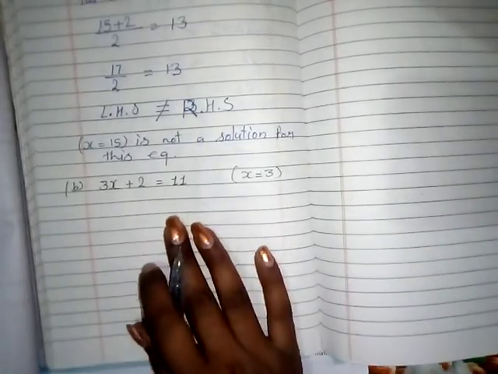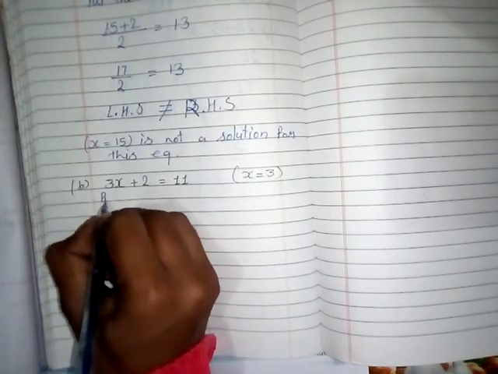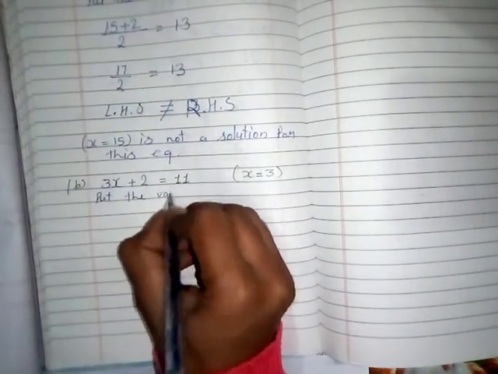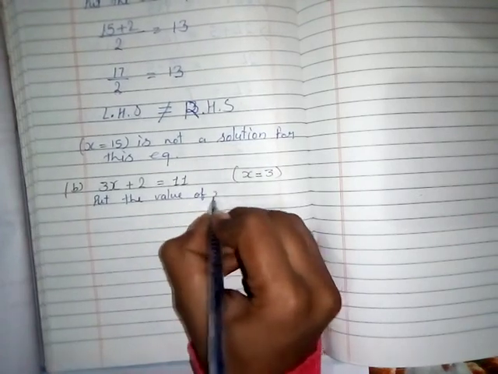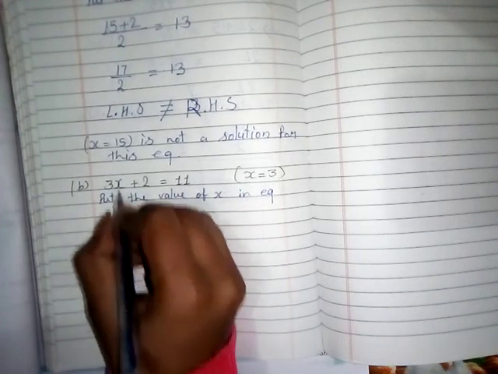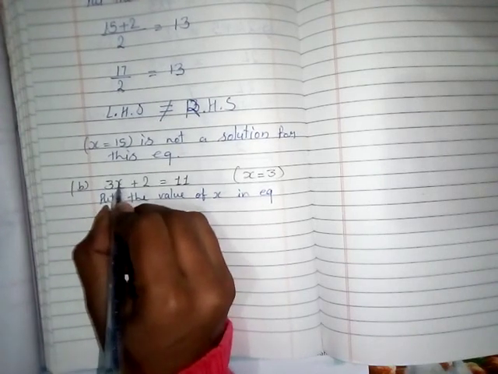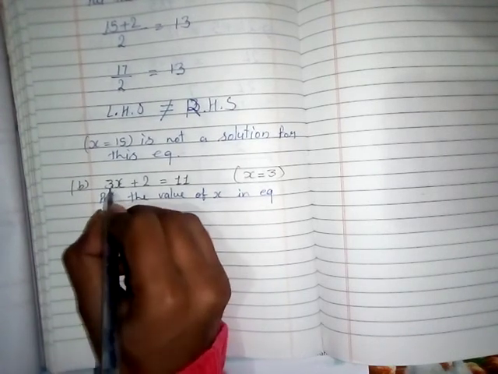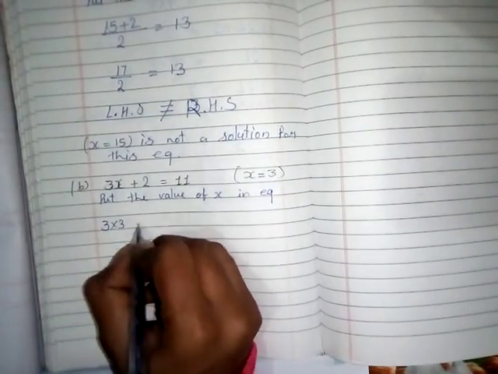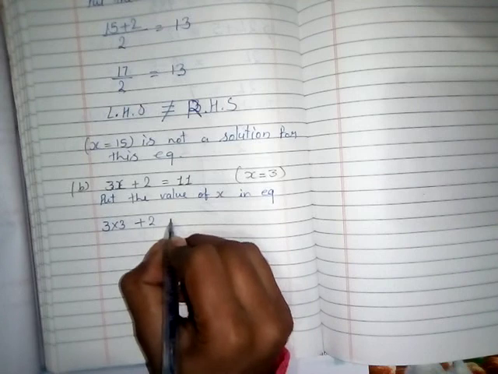Now we are going to solve one more question. So right here, put the value of x in the equation. So here 3 and 3x, these two terms are in multiplication form, so we will multiply 3 and 3 plus 2 equal to 11.